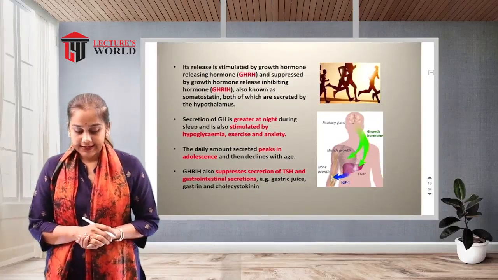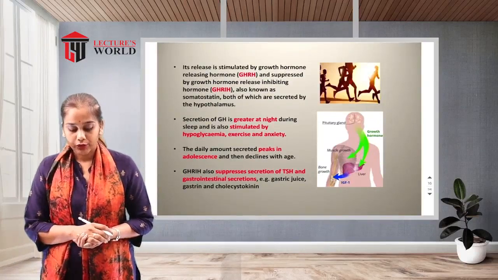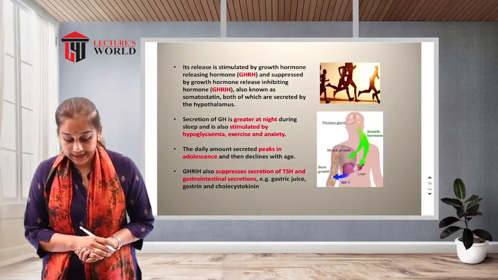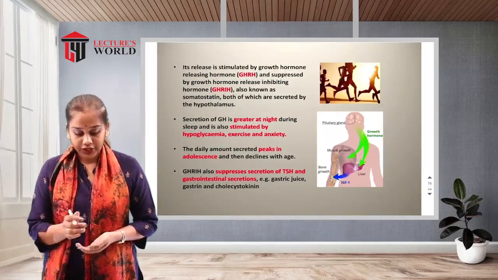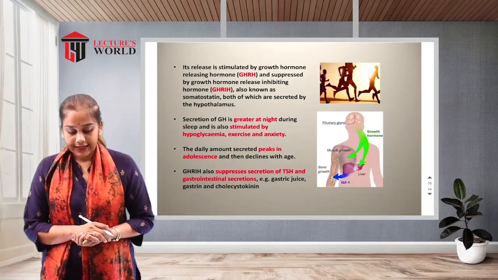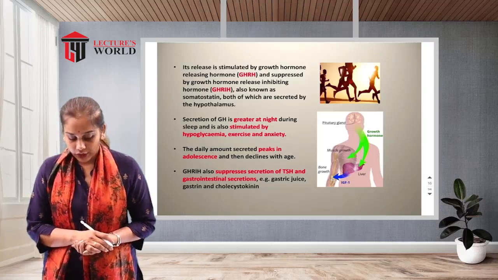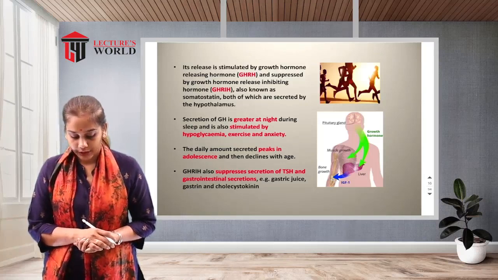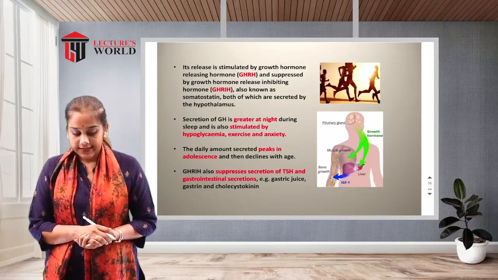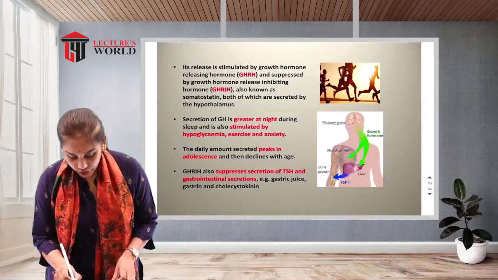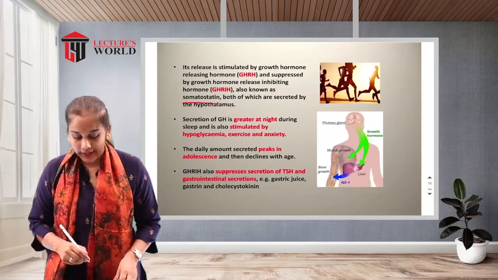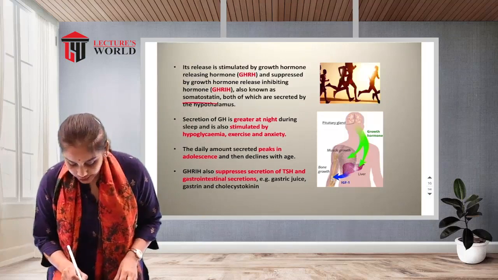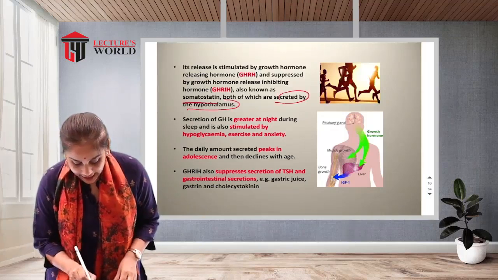Its release is stimulated by growth hormone releasing hormone, known as GHRH, and suppression of growth hormone is done by growth hormone release inhibiting hormone, known as GHRIH, also known as somatostatin. Both of these are secreted by the hypothalamus.